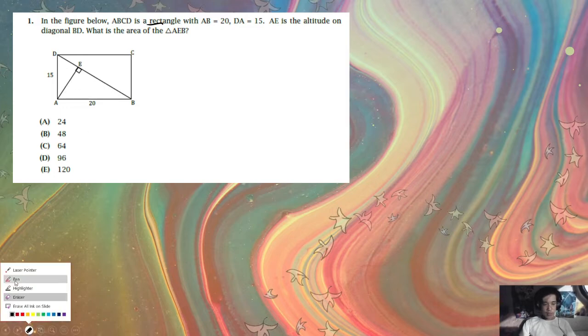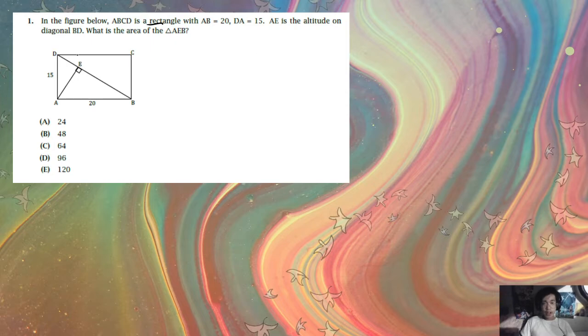First, let's solve for the area of this half of the rectangle. That's 1/2 base times height. Since this is a rectangle, DC must be equal to 20 and CB must be equal to 15, because one of the properties of a rectangle is that opposite sides are congruent and parallel. So the area is 1/2 of 20, the base, times 15, the height.